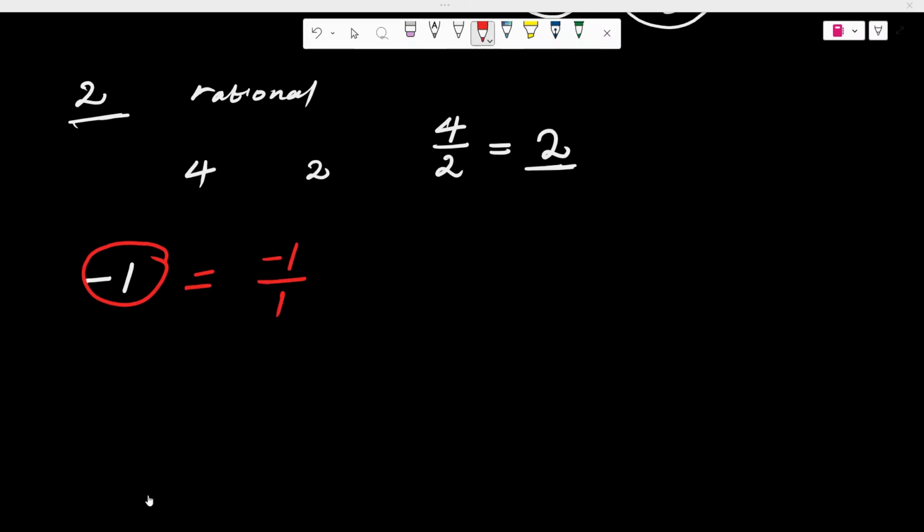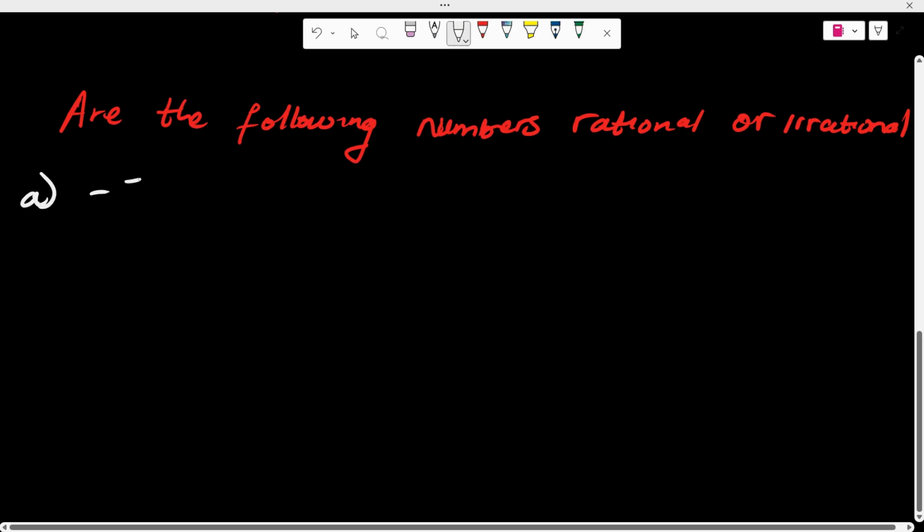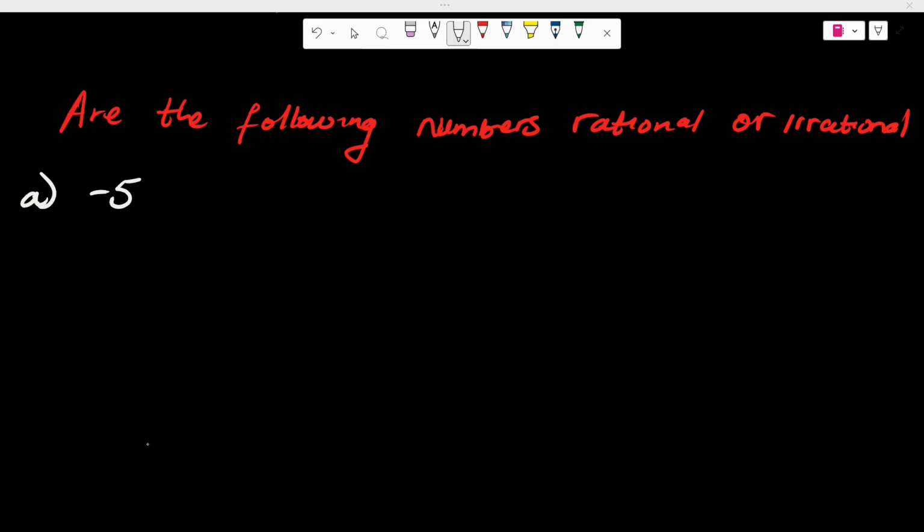Let us work on some examples. For the first one, let's take -5. Is it a rational number or an irrational number? Can -5 be expressed as a fraction? Let's see if we'll be able to find two integers that, when we divide them together, will give us -5.